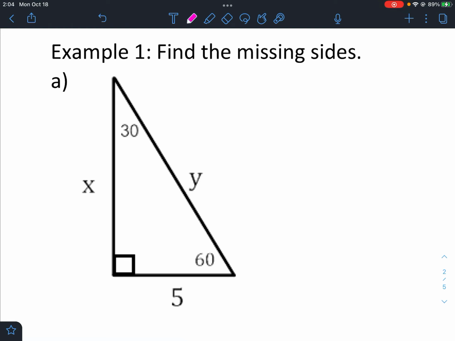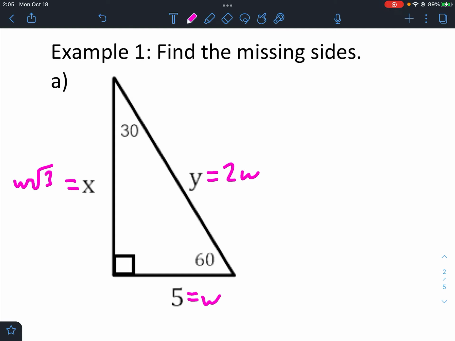So here's an example where 5 is given to us as one of the legs, and it's a leg that is across from the 30. All right, so when we do our setup here, 5 will be W. Across from 60 will be W root 3, and across from 90 would be 2W.